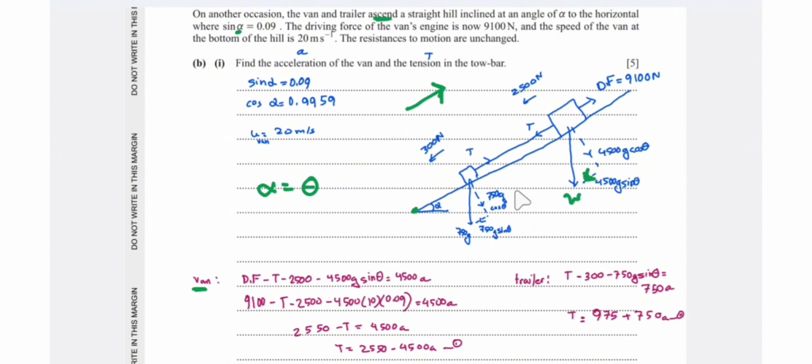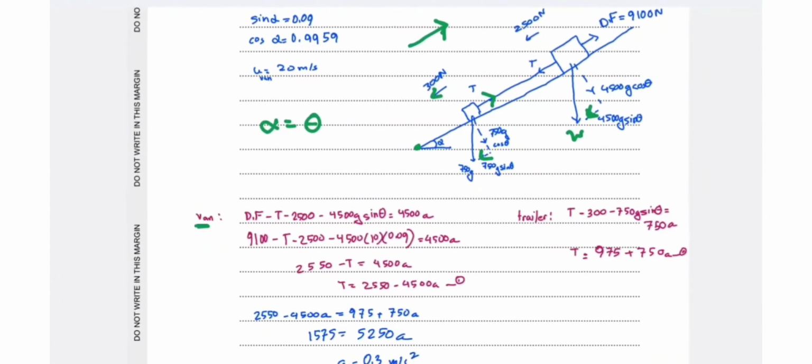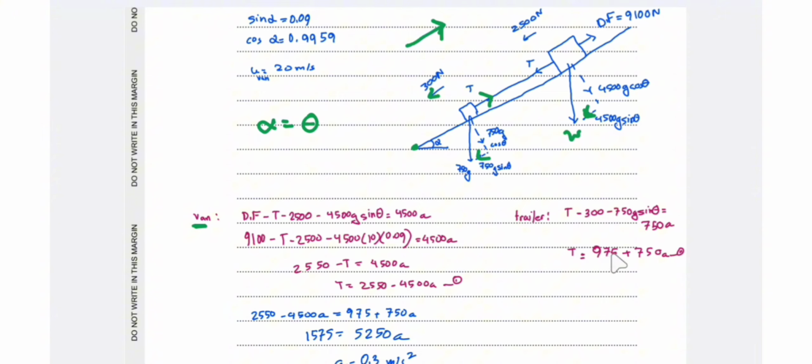Similarly for the trailer, the tension force is the upward force and the backward forces are the 300 Newton and 750 g sin theta, which is equal to mass into acceleration. So we get two equations, this is the first equation and this is the second equation.